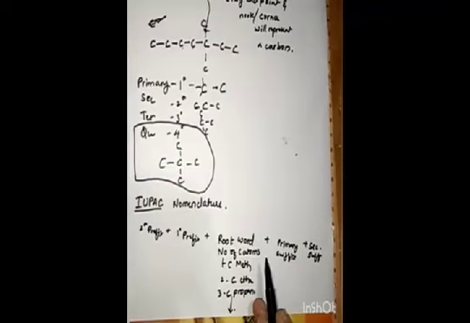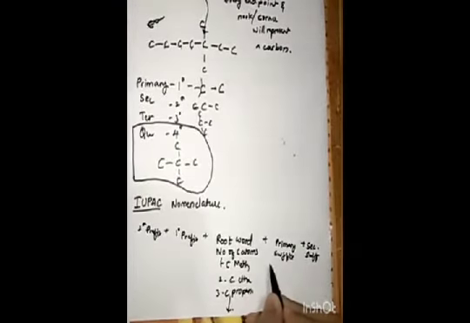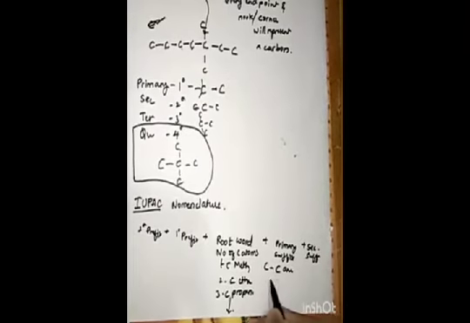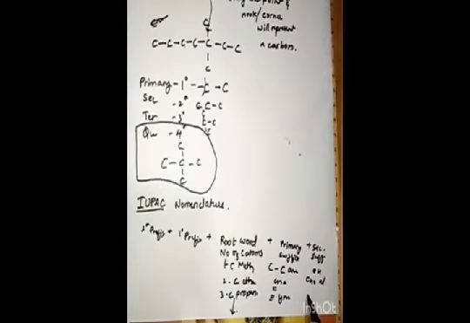Let me tell you what this primary suffix signifies. The primary suffix can be ane for a single bond, ene for a double bond, and yne for a triple bond. The secondary suffix is for a functional group: ol for alcohol, al for aldehyde, one for ketone, and oic acid for carboxylic acid, COOH.